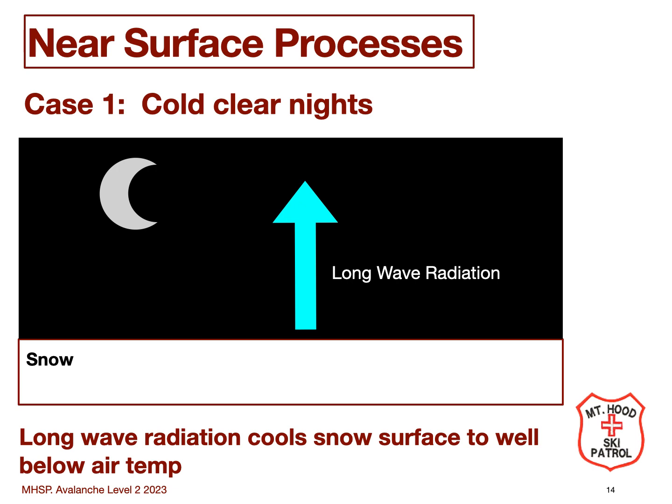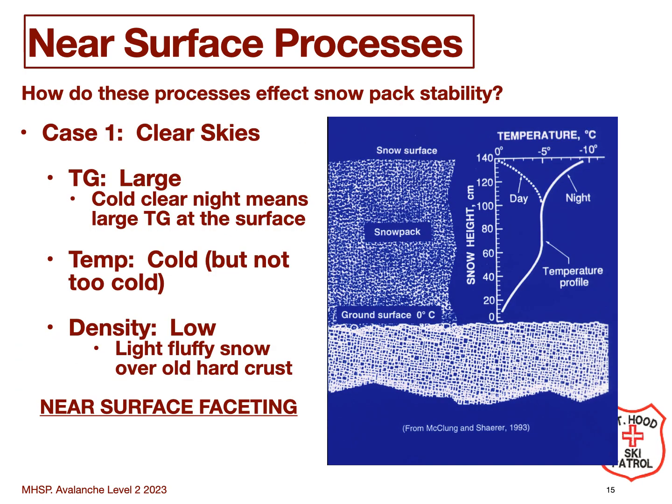The top layer of snow is colder than the surrounding air, increasing the surface temperature gradient. As the graphic on the right indicates, there can be a big temperature swing on the surface of the snowpack. This will result in large temperature gradient in the upper layers of the snowpack near the surface. If the snow is too dense, this will result in near surface faceted crystals forming in the surface layer of the snowpack.